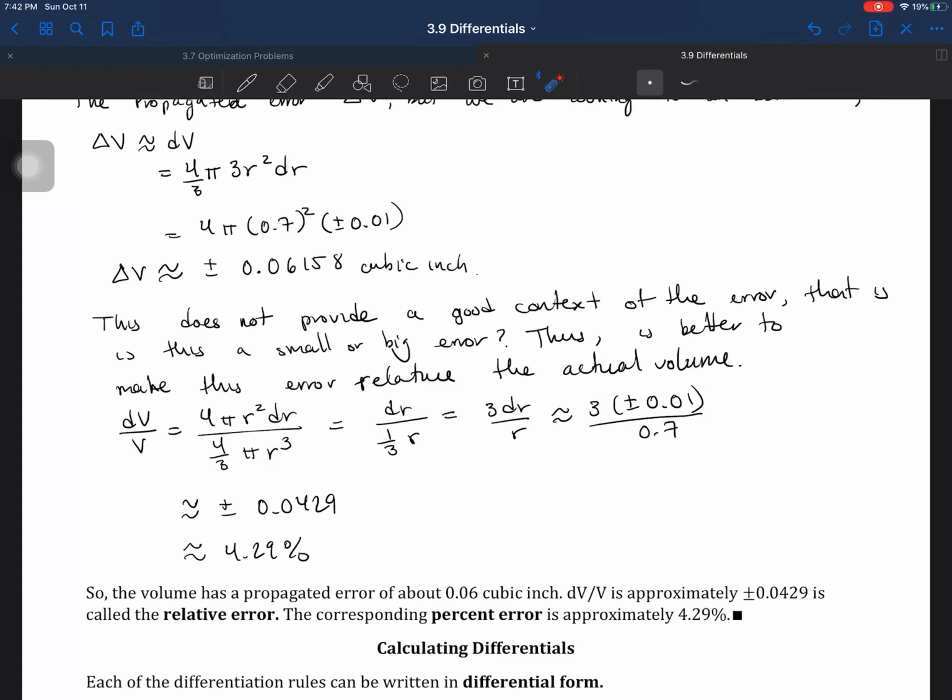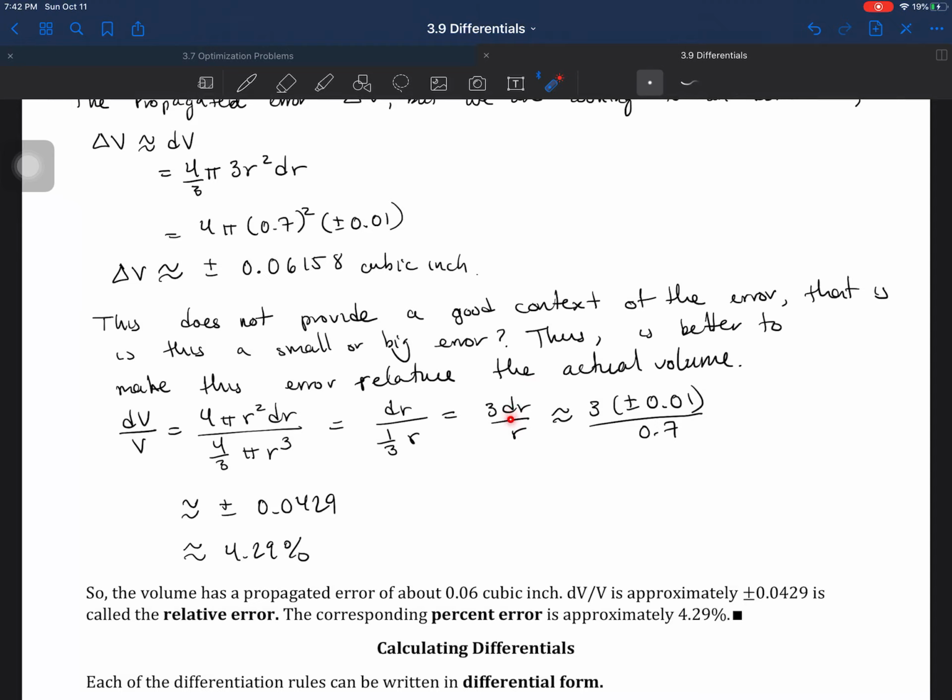So we're left with the dr, one r, and 1 over 3. Well, if this is a fraction over a fraction, then we can multiply by the reciprocal, and that's how we get the 3 on top in the numerator. So 3 times dr over r is, in this example, the relative error.